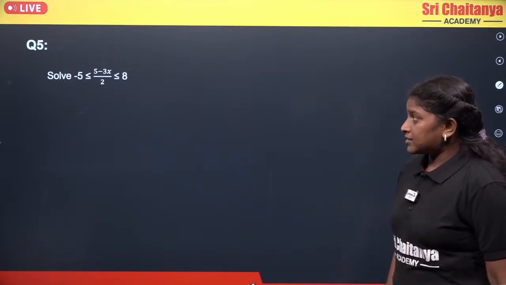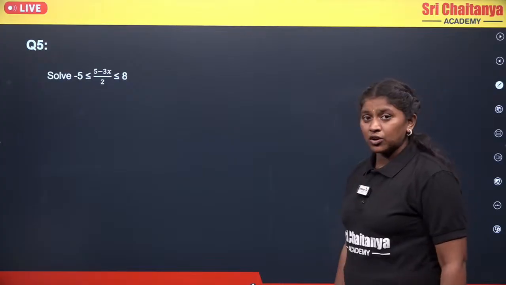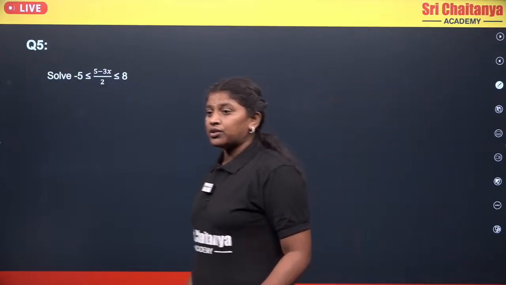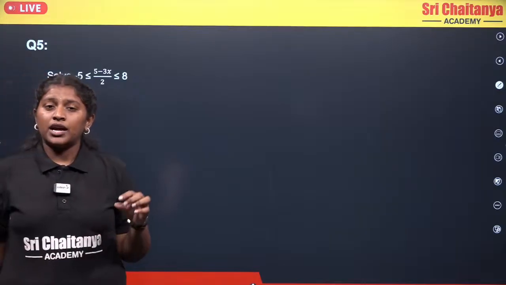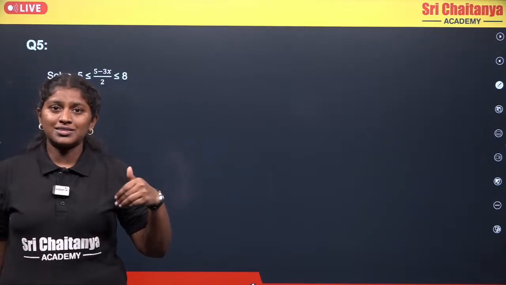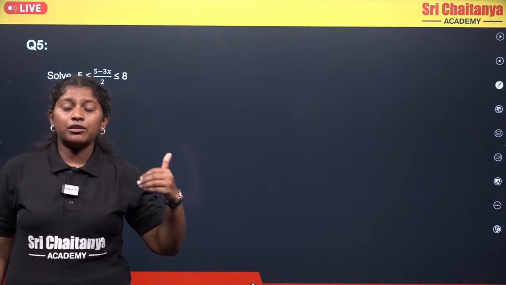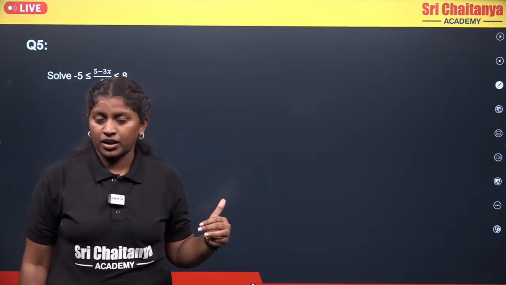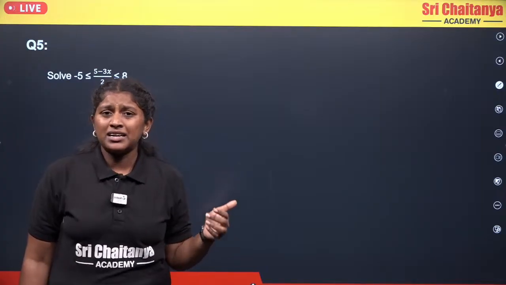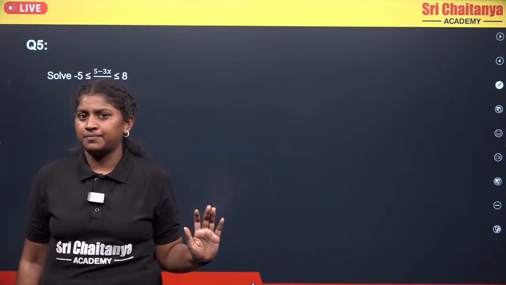Now moving to the next: solve minus 5 less than or equal to (5 minus 3x) by 2 less than or equal to 8. Today we are going to solve some more questions on inequalities only. Why? Because if you know how to eliminate the terms in order to get the interval of x, it will be easier for you to find the domain and range of functions. These intervals and inequalities mostly help you in functions and limits.